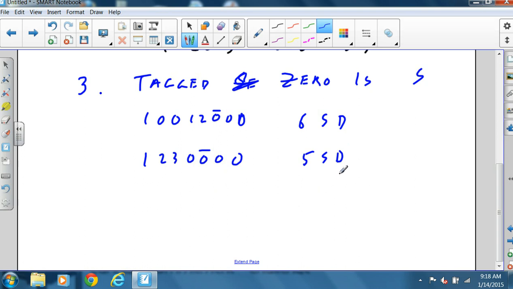All right. Rule number 4. All zeros to the right of a significant digit and a decimal point are significant.